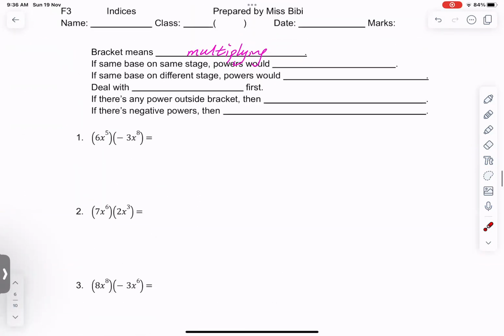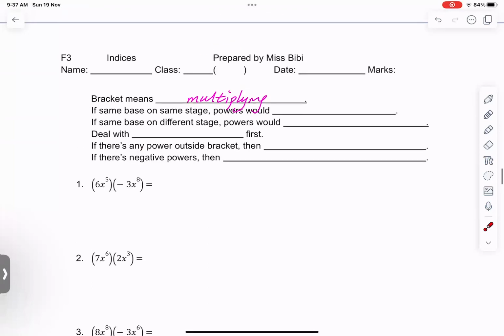Now in this worksheet, there are no fractions at the moment. We have two different stages, numerator and denominator. If they are both on the numerator and they both have the same base, let's say they both have x, then the powers will add up. But if they are on different stages, you minus them, the bigger minus the smaller one.